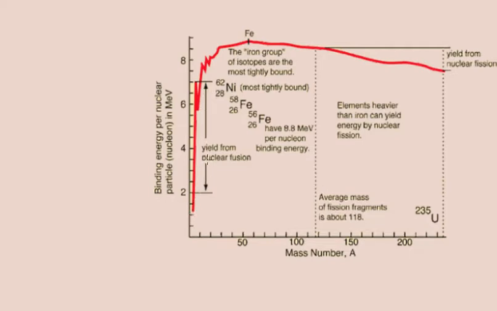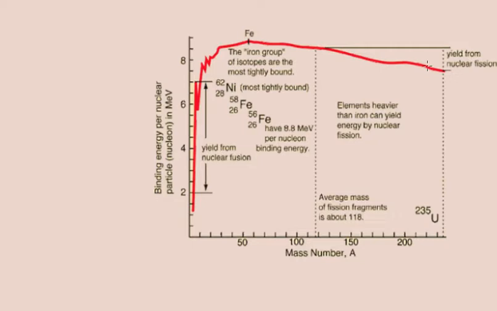This here is the energy yielded by nuclear fusion. What we find once we get to iron is the most stable and tightly bound nucleus that there is, and then we see it dropping away, and as we get to these less stable isotopes, this is where we get nuclear fission.